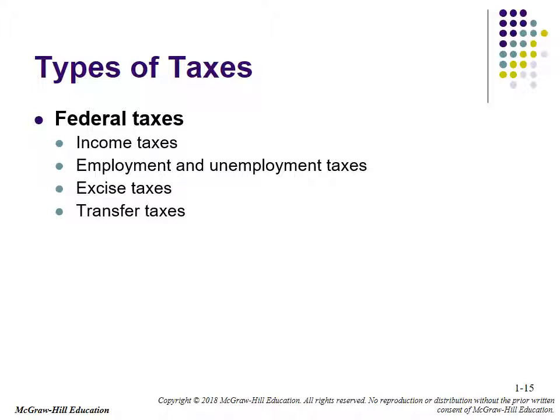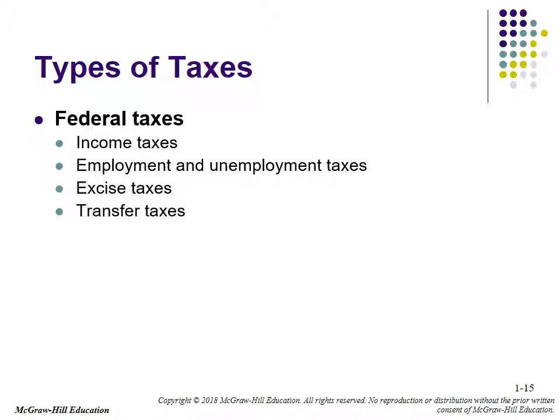Then we have employment and unemployment taxes. Employment taxes on the federal government side would be things like the employer matching Social Security and Medicare of the employees. The federal unemployment tax is also another tax employers have to pay.